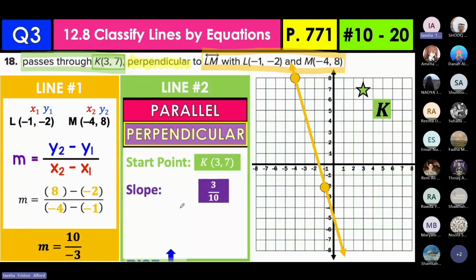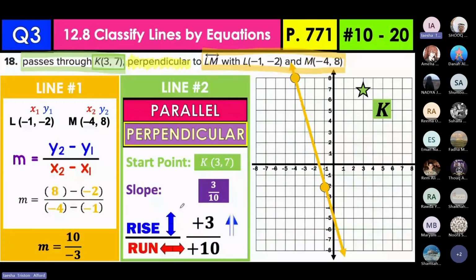To make the new line, you're going to go up 3 and right 10. But remember here, I don't have space. I can go up 3 and right 10, but I'm out of space. So this one, go opposite, down 3 and left 10.